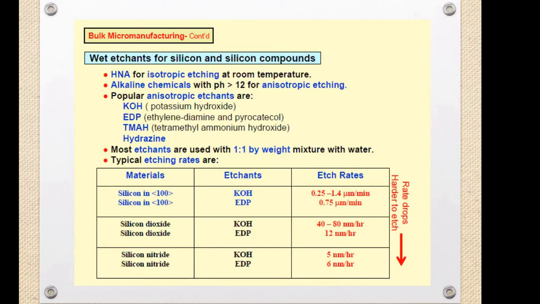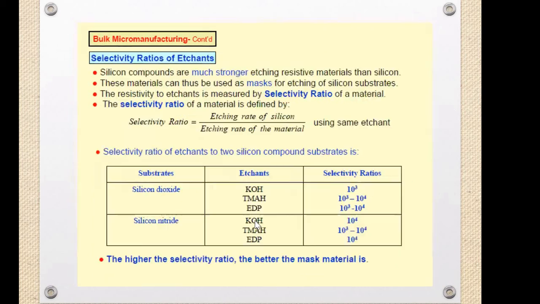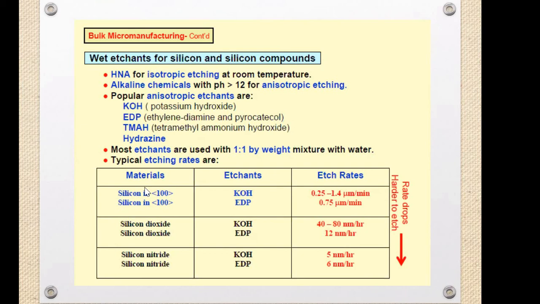These are the different types. In the table you can see the typical range of etching rates for the common substrate materials with these agents. The etching rate decreases as we go from silicon to silicon dioxide to silicon nitride, so the rate decreases with the changing material. Here we are talking about the 100 plane, and you can see the etching of silicon.